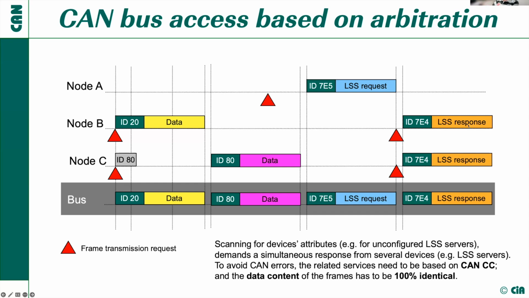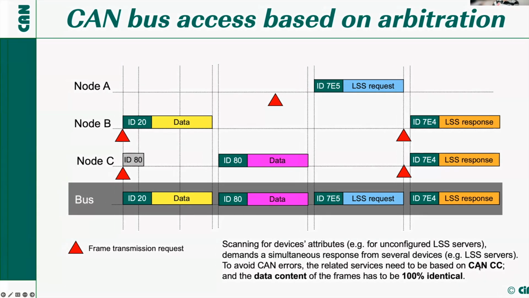And for allowing that, you need classic CAN. The data content needs to be 100% identical, and as you have no possibility to differentiate via the CAN identifier, you need a classic CAN data frame.